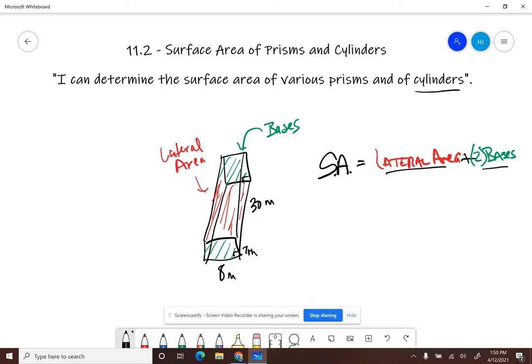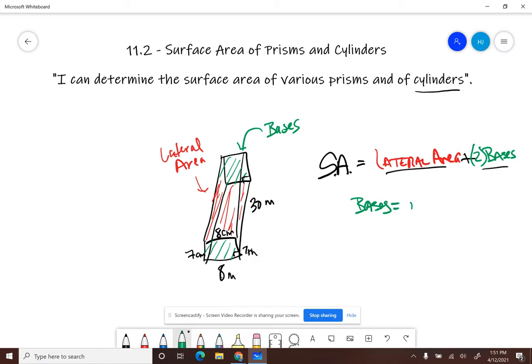So let me talk to you about lateral area itself and about how you could actually do that. Well, if this is a rectangle and I've got 8 here and 7 here, that means this is also 7 meters, and that this also has to be 8 meters, okay? So again, the bases themselves would be pretty easy to figure out. We'll figure out the bases first.